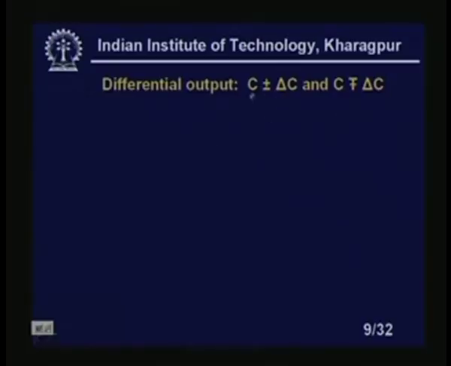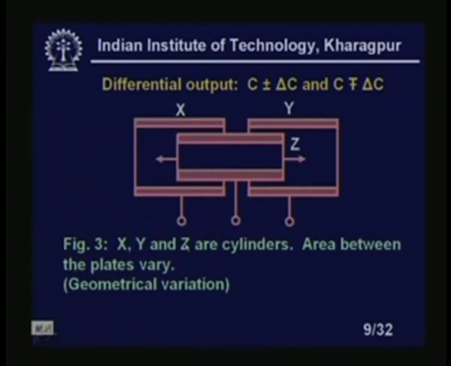You see the capacitance change can be C plus minus delta C, or C minus plus delta C, all the same. You see here X, Y and Z are cylinders, and the area between the plates varies. Now, I have a capacitance between this cylinder and this cylinder, and again between this cylinder and that cylinder. If I shift this cylinder to this side, what will happen?